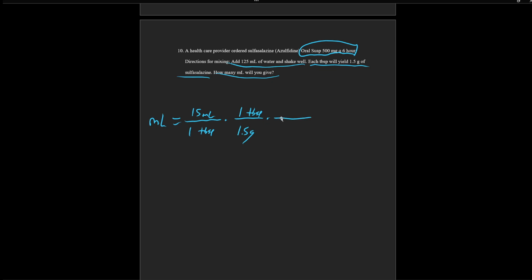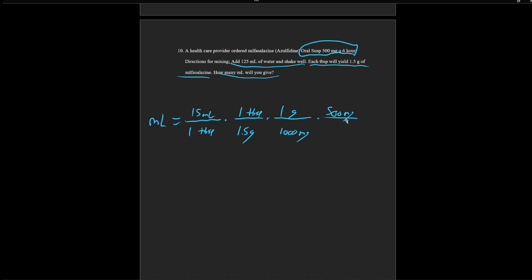If you can do this in your head, you have my support. If you need to work through it, that's fine too. So what I typically do is I will do, there is 1 gram and then 1,000 milligrams. That's our basic conversion. And then our final dose is going to be 500 milligrams.